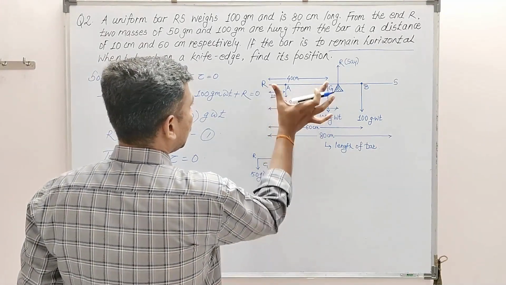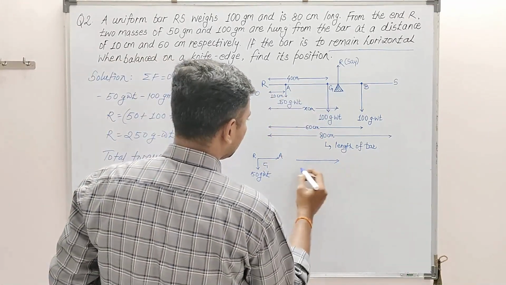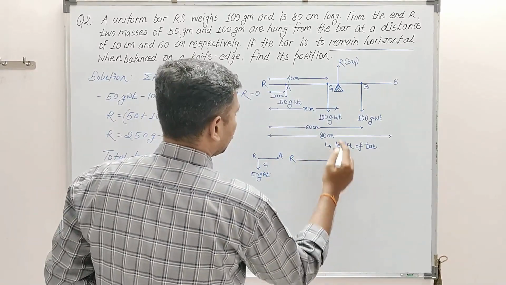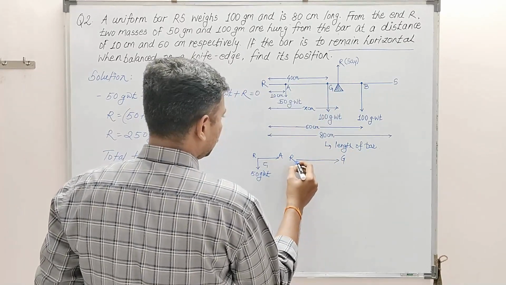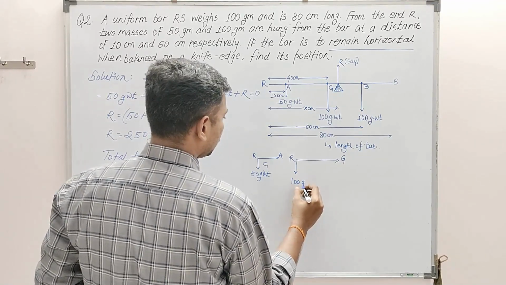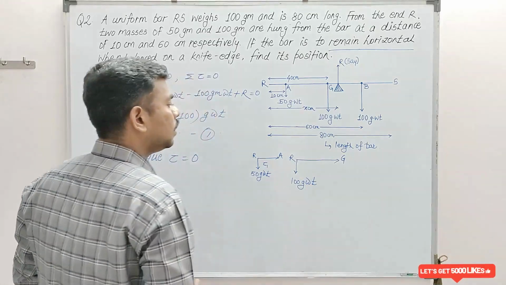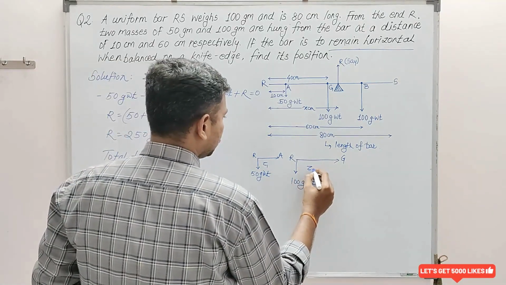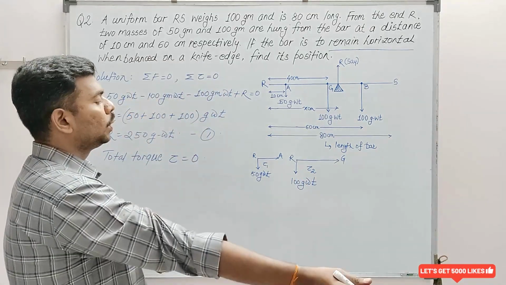The next is RG. So RG is the radius vector and the force acting on point G is downside, which is 100 gram Wt. Then the torque produced because of this is torque 2.